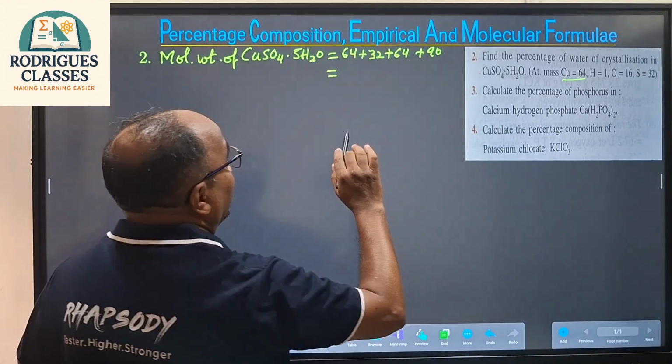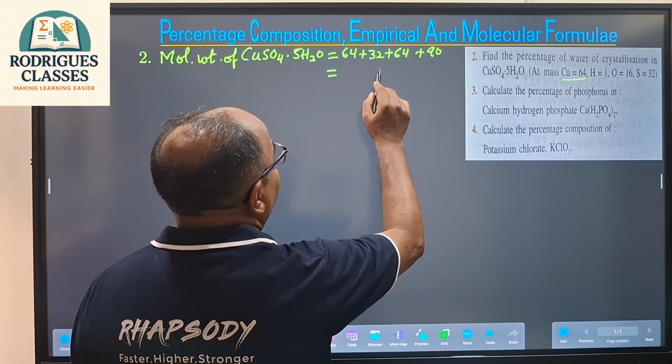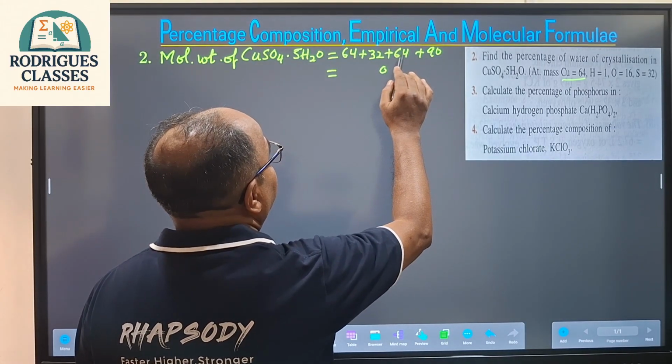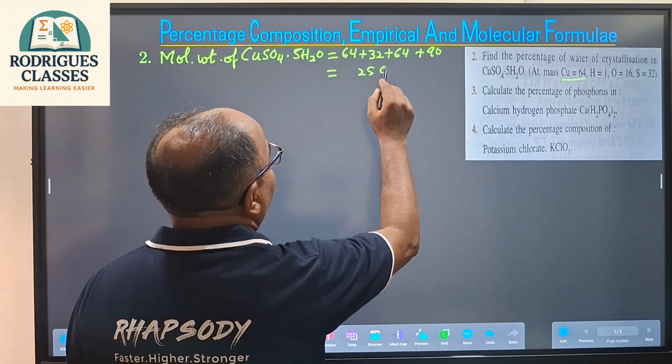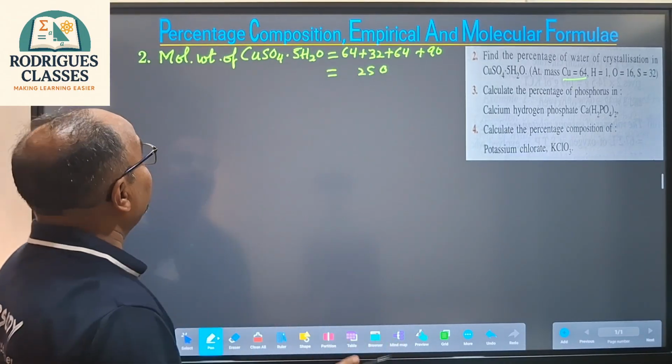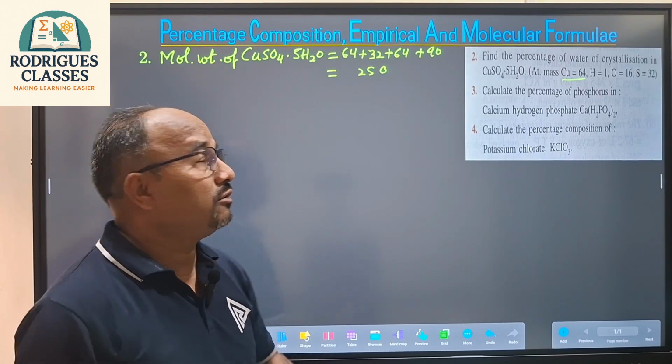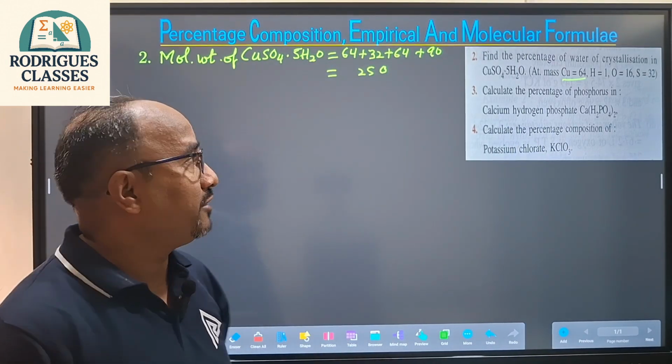Now we need to add all of them. 4 and 4, 8 and 2 is 10. 0, 1 carry, 10, 16, 19 and 6 is 250. So this 250 we are getting as the molecular weight of CuSO4·5H2O.